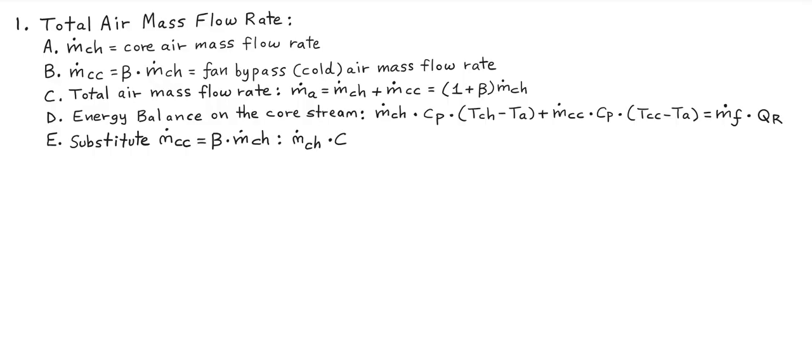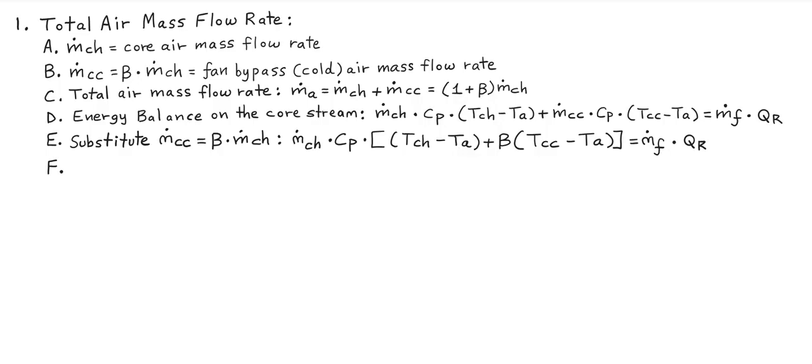So then we can substitute m sub c as in the literature and then equate it just to the product of m dot sub f times q sub r. What this means practically is just to plug in the values.